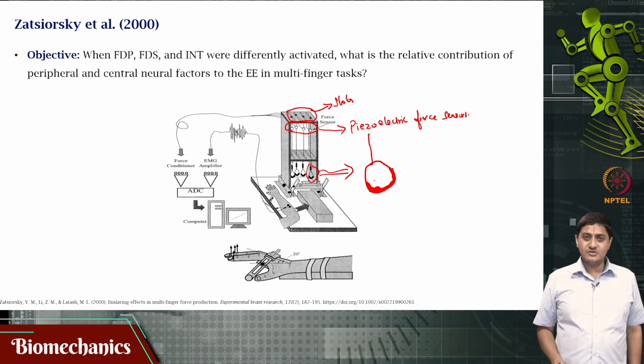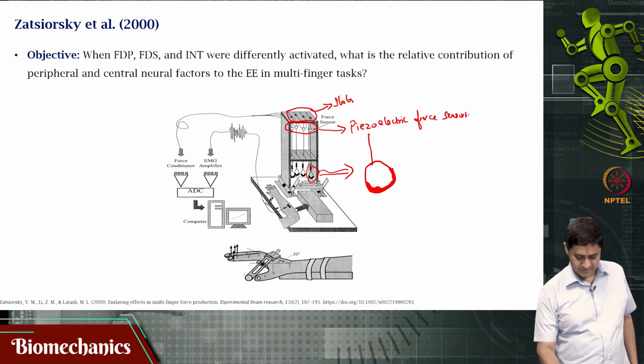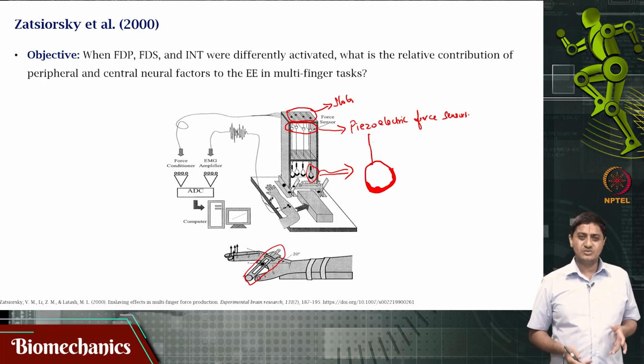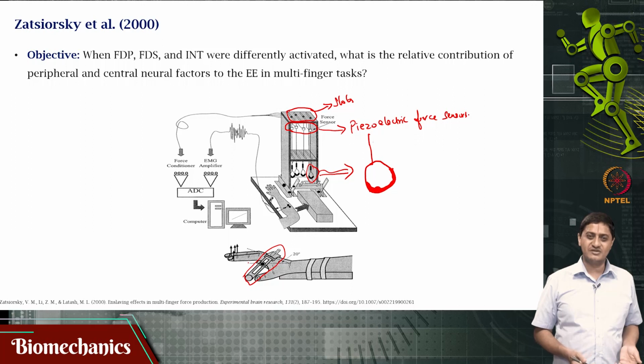An arrangement was also made such that the wrist position was secured. The wrist did not contribute much to the force, because if the wrist is moving, then all the 4 fingers will move, or if the wrist is producing a force, then all of them will produce. So, it will complicate matters further.